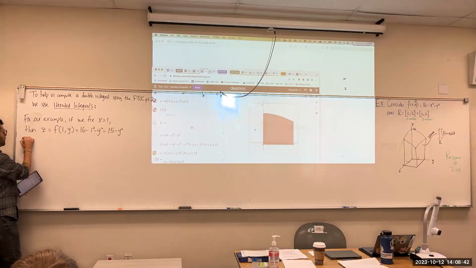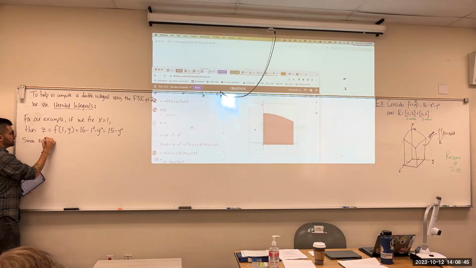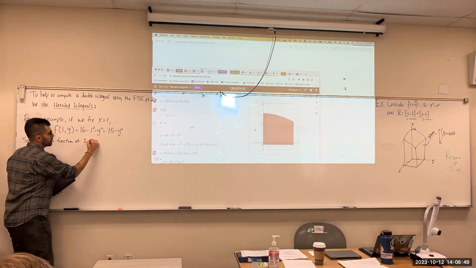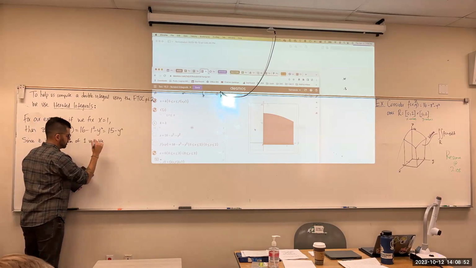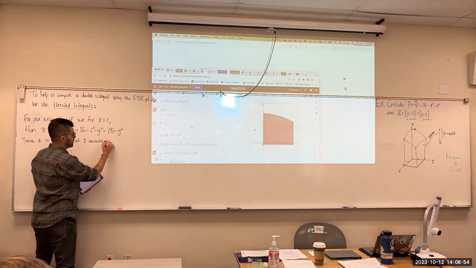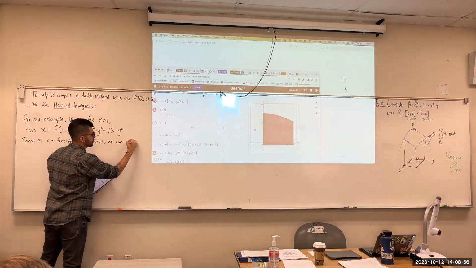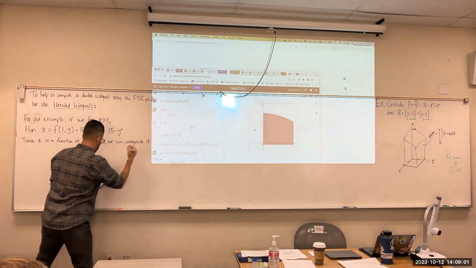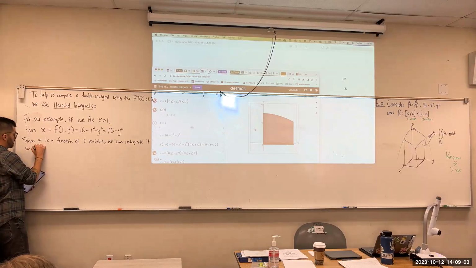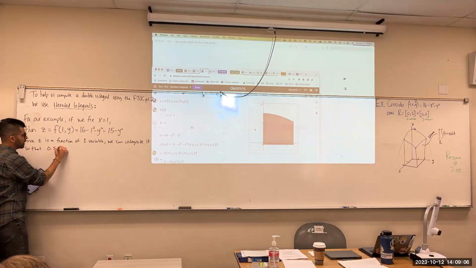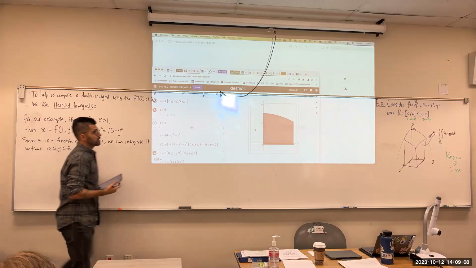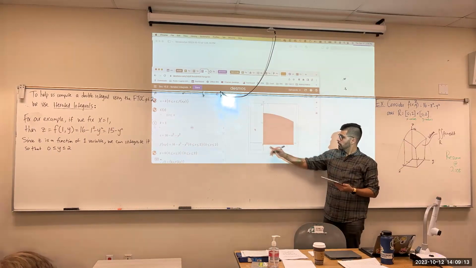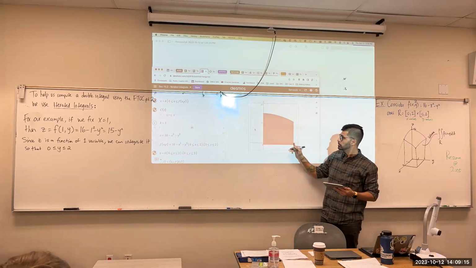Since z is a function of one variable, we can integrate it so that y will vary from 0 to 2, since we want y to stay between 0 and 2. Basically, this part here, from 0 to 2.